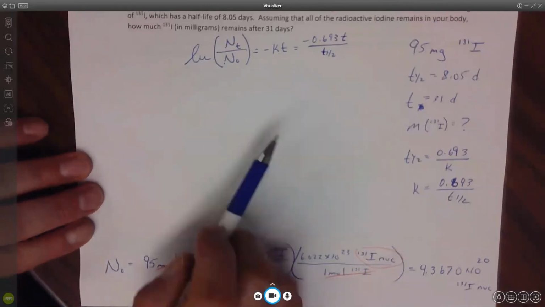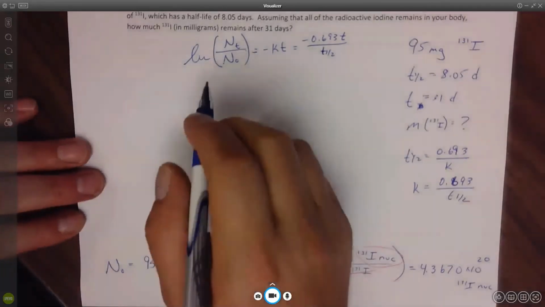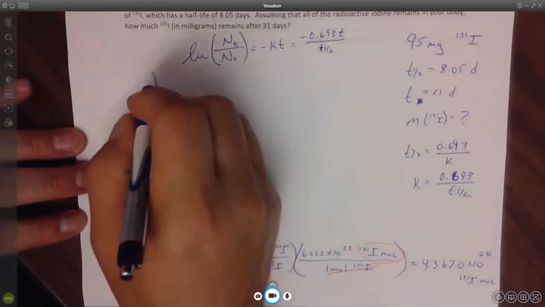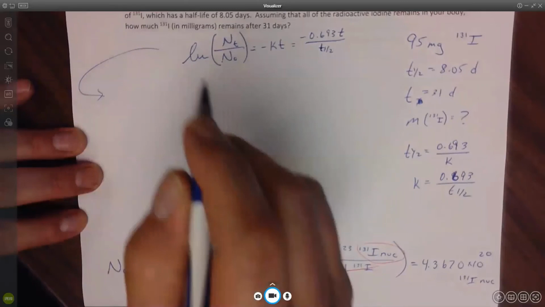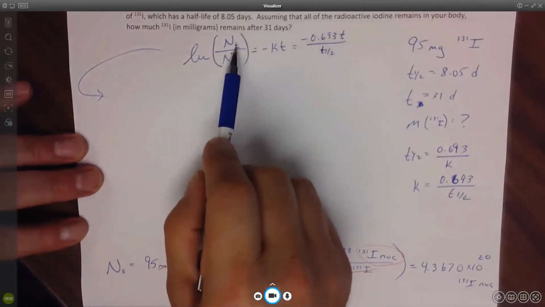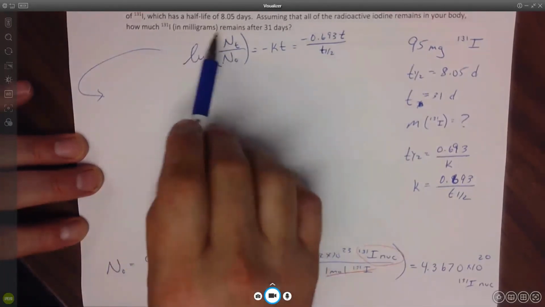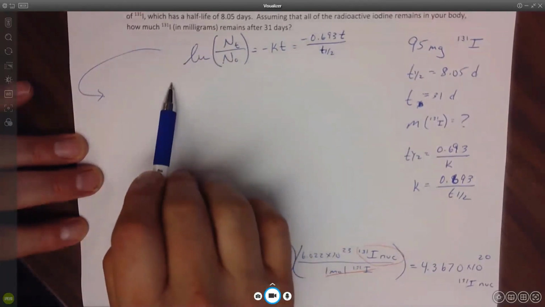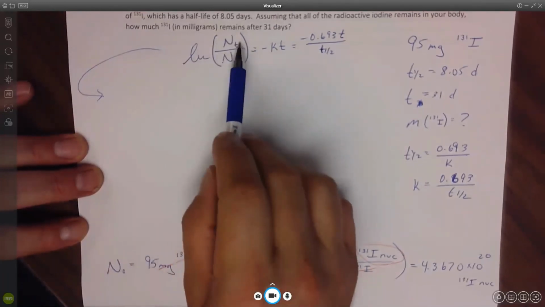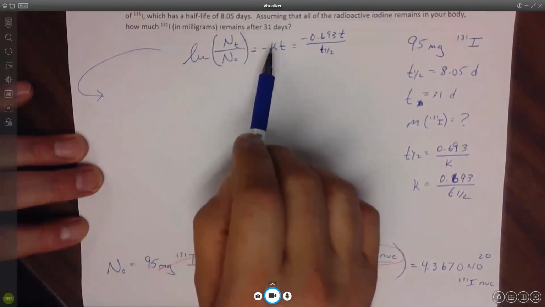Okay, so we can plug that into the equation. I'm going to rearrange this equation real quick. We're solving for N of t. First, I'm going to raise both sides to the e power. That means this side becomes N of t over N naught, and this side becomes e raised to the negative kt.